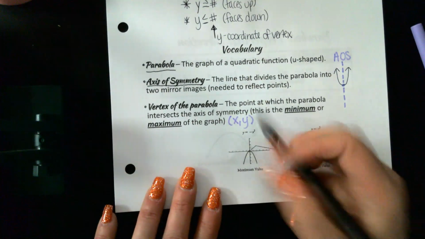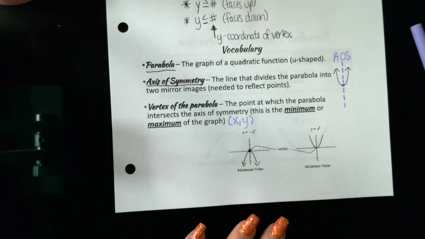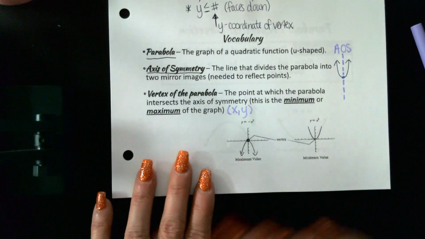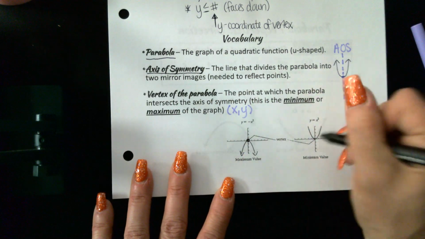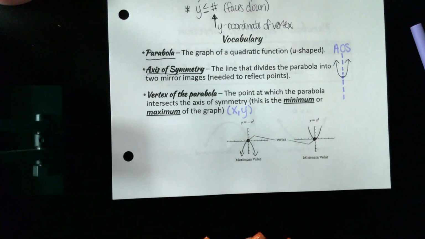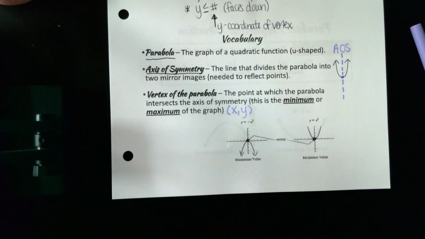So see how this parabola is facing down? My vertex is located up there at the top. So this point right here is my vertex. If it's facing up, then it's the low point of the graph. But that would be your vertex. It's the point where it changes direction, essentially.